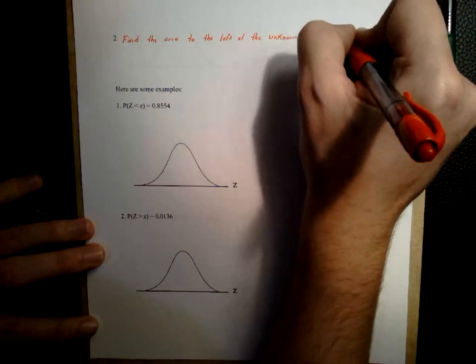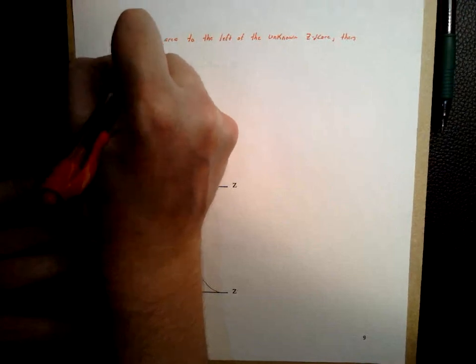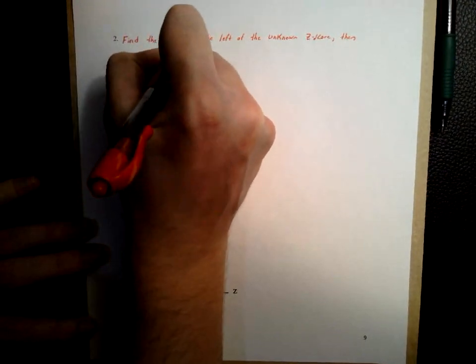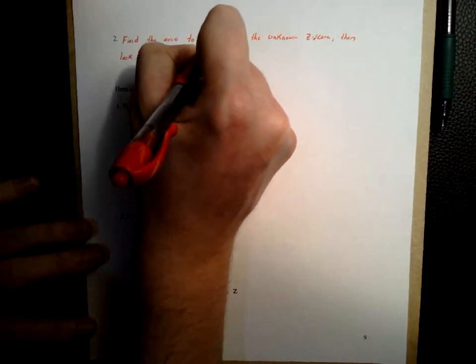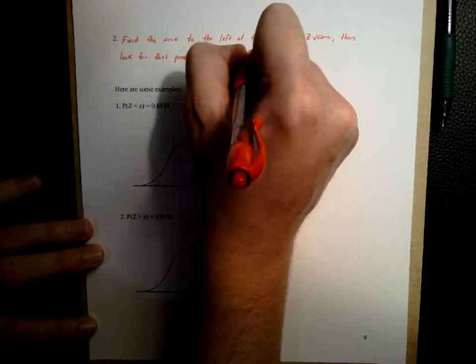Then look for that probability of the area to the left in the table, the standard normal table.